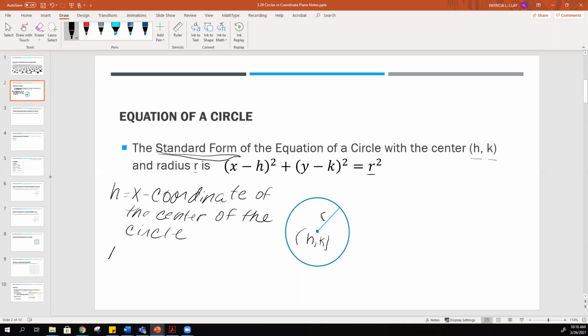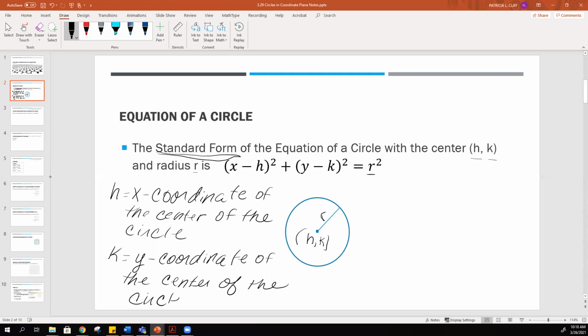Then K is equal to the Y coordinate of the center of the circle. One more time. And then finally, we all should remember this. R is equal to the radius. And the biggest thing, make sure we remember for the equation, R is squared, okay? So let's keep moving.